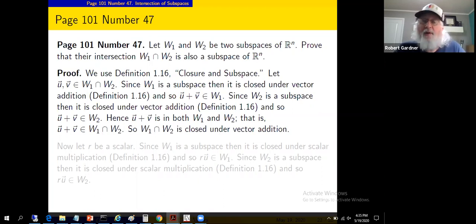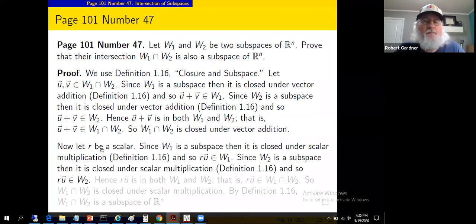All right, so we're halfway there. What do we need to show? Closed under vector addition and closed under scalar multiplication. So give me a scalar, let's call it R. We've taken u already to be in the intersection, so take r to be a scalar. Let's consider r times u.